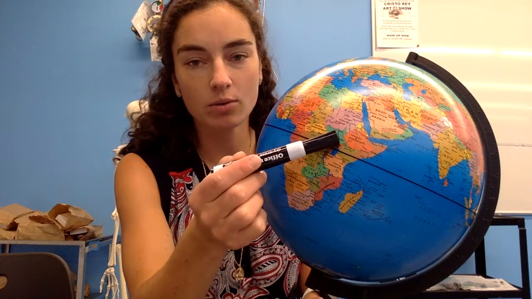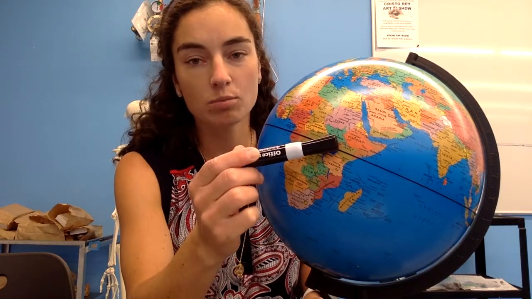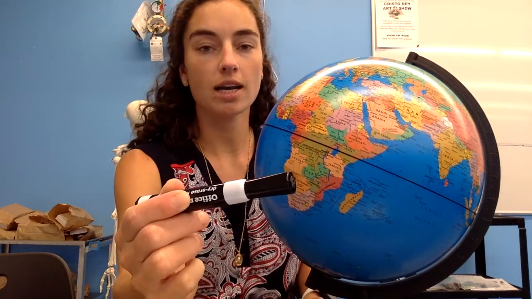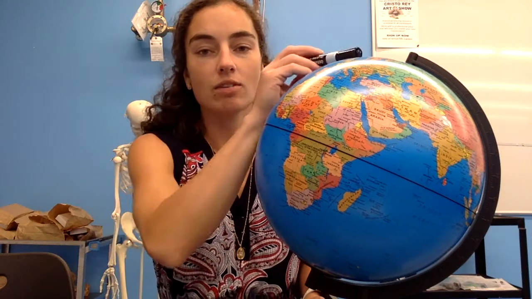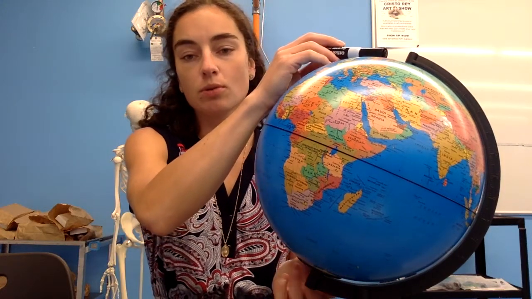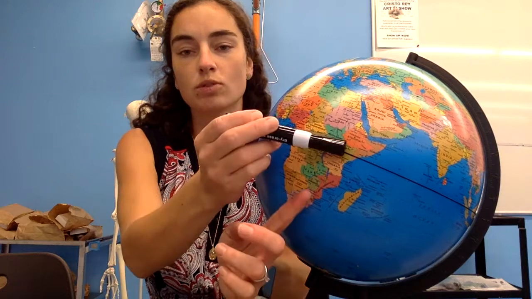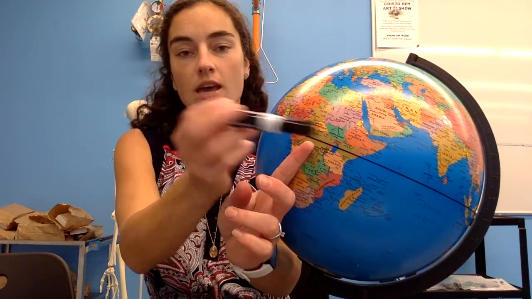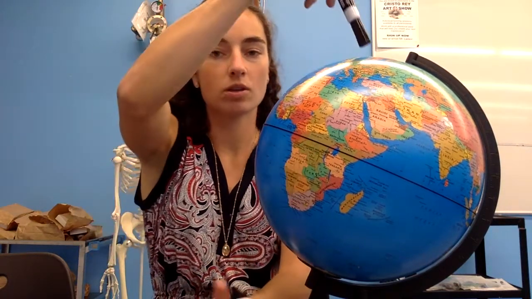It represents the Earth. We have a marker, which you guys already said represents the wind, and we talked about how here at the equator, which is this black line, wind moves up because it's hot air, so it rises. And then up here at the two poles, the cold air moves to replace that air on the Earth. And then that air that was up here goes up to the equator.